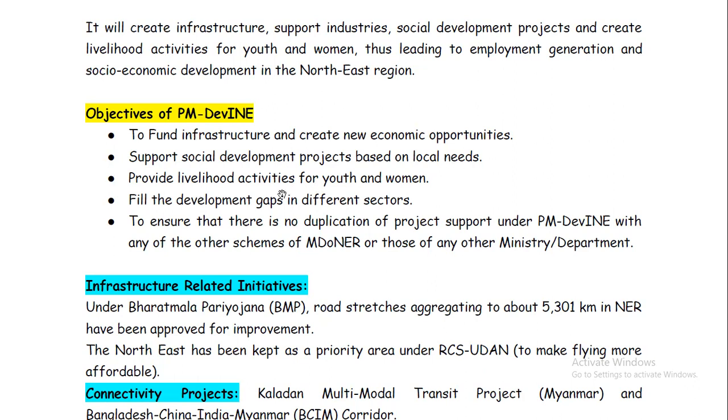Then provide livelihood activities for youth and women, fill the development gaps in different sectors, and ensure that there is no duplication of project support under PM-DevINE with any of the other schemes of the Ministry of Development of Northeastern Region or those of any other ministry or department. So it is also ensuring that there will be no duplication of project support, meaning no collision will take place between PM-DevINE and other schemes of DONER or any other ministry or department. So these are the objectives of PM-DevINE.